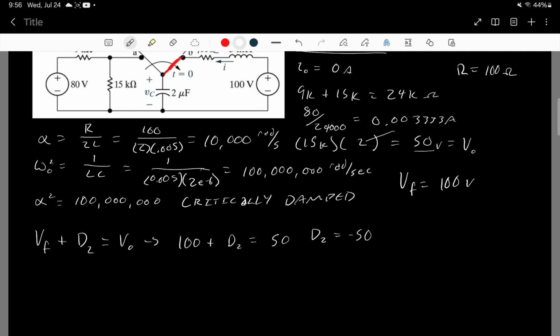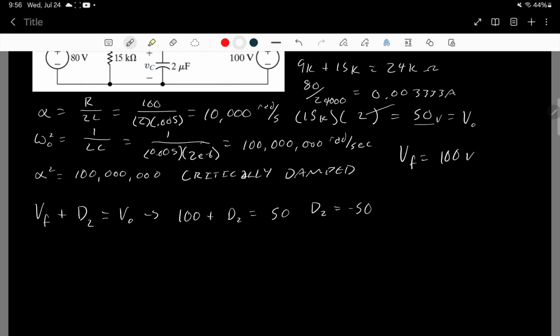Then the second equation for finding our other coefficient, D1, is D1 minus alpha D2 is equal to I naught over C, because this is a step response. We already have D2, and we already have alpha.